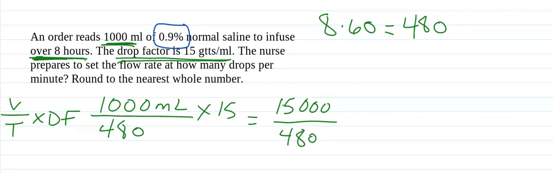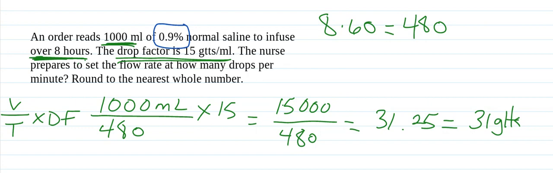This is the time. And when we do that, we get 31.25. And it wants us to round to the nearest whole number. So that's going to be 31 drops per minute.